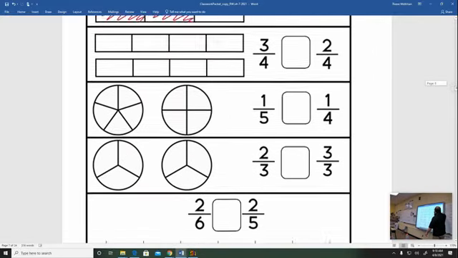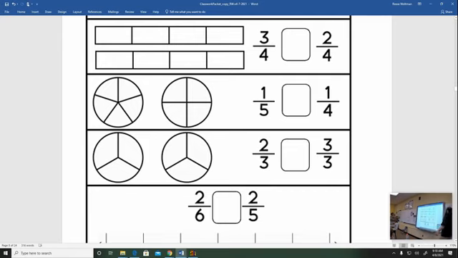Now let's take a look. We did the top one here. Now let's take a look at this one. We have 3/4ths and 2/4ths. Now, of course, these are easier, right? Because the denominator is the same, which means that we have 4 parts in each one of our wholes. Everybody should be on this page right here. If you are not, make sure you flip there.